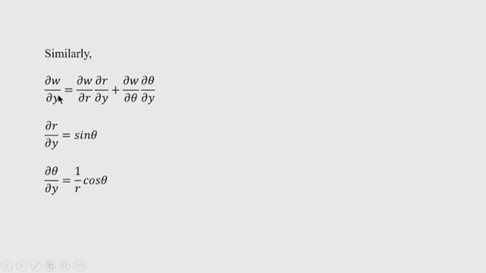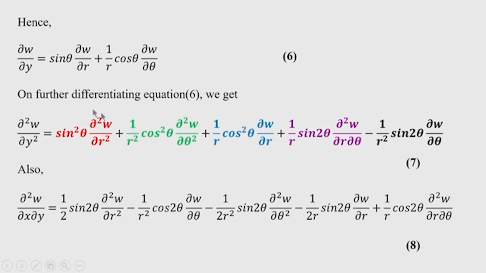So, this expression can be written as del w by del y equal to del w by del r into sin theta plus del w by del theta into 1 upon r cos theta. Now, on further differentiation, as we have done earlier, we can separate the operator.